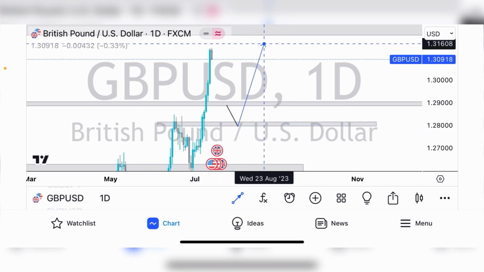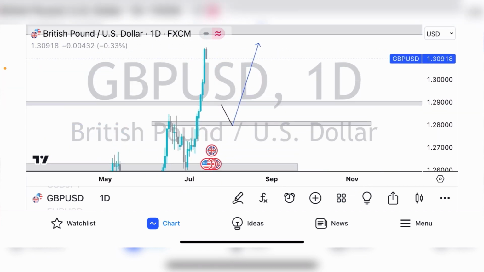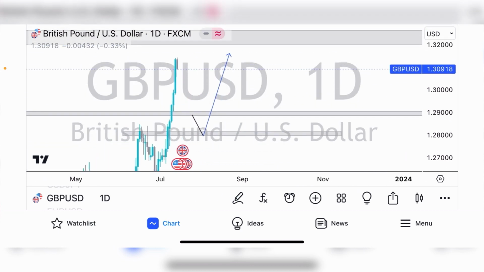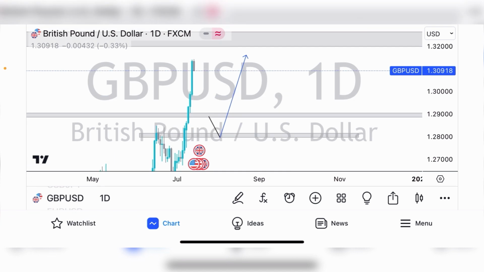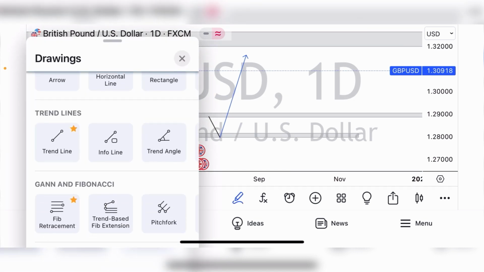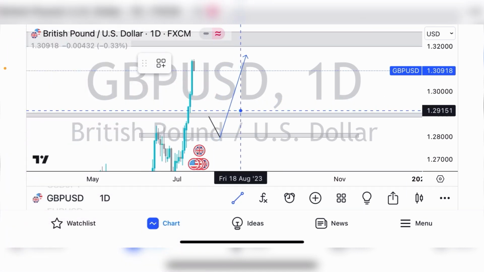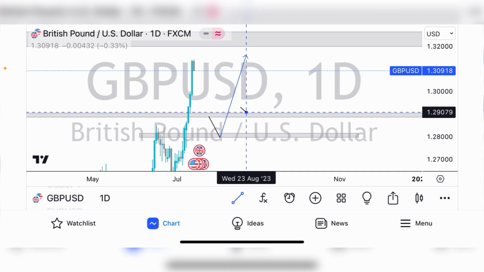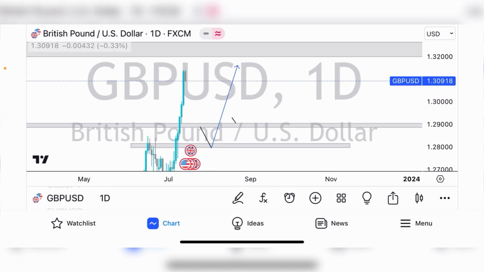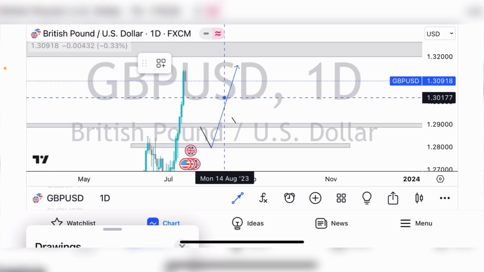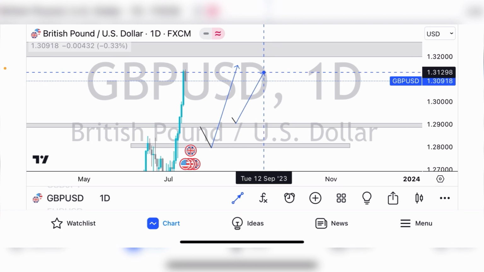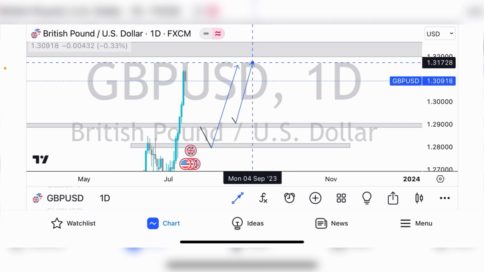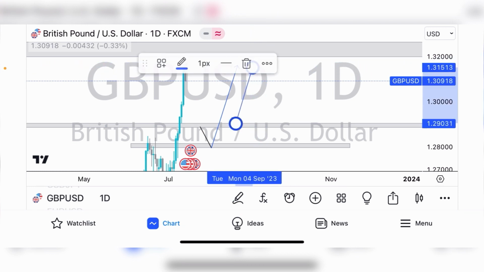I'm expecting the market to sell till this zone, or this one, or this other zone up here that we got from looking from the left side, okay?